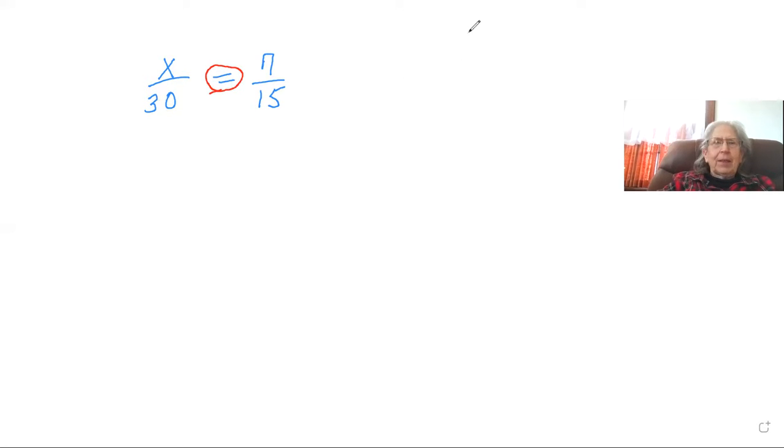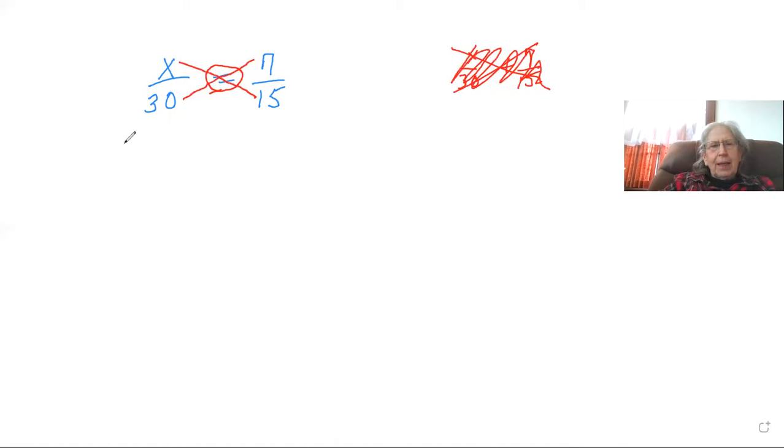If you had something that looked like x over 30 plus 7 over 15, nah, you can't use this technique. This technique is called cross multiplication. Cross multiplication involves multiplying across the equal sign. Must be an equal sign.